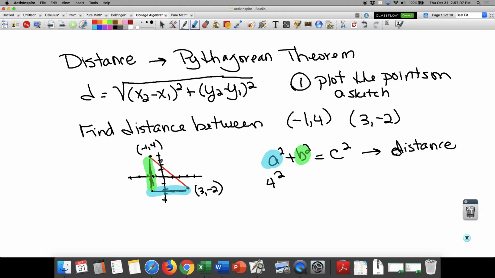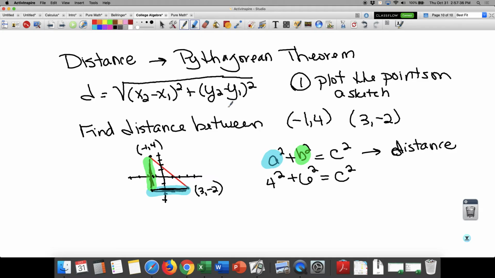Now we're going to look at the length of the y. Again, I'm a little bit off on my sketch, but if I'm at -2 and then I go to 4, 1, 2, 3, 4, 5, 6, I've gone a distance of 6, which is -2 minus 4.